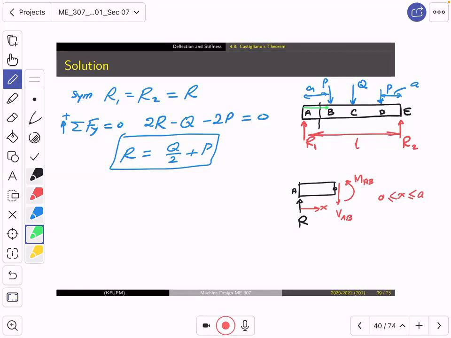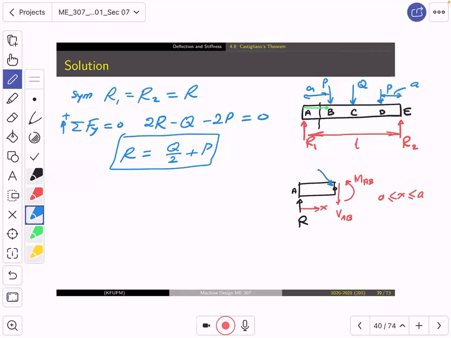This is what you have been taught in CE 203. If I am interested in the moment, I would take the moment where? Should I take the moment at A or right here? If I take it at A, the shear force V will cause a moment and I will be in trouble, and I don't want it.